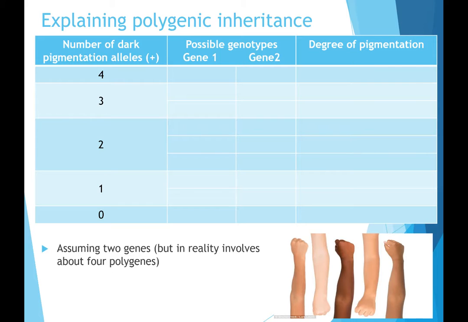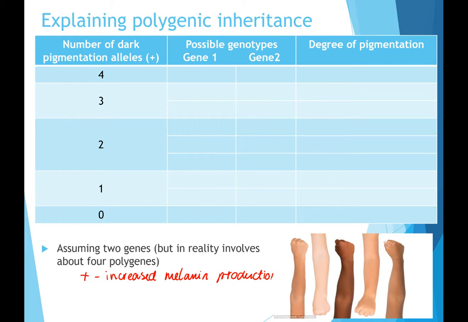Okay. We're going to represent our alleles in a slightly different way, and it's a fine way. It's an easy way of representing it for continuous variation, and that's using pluses and minuses. Okay, so pretty much the plus allele, we're going to have increased melanin production.